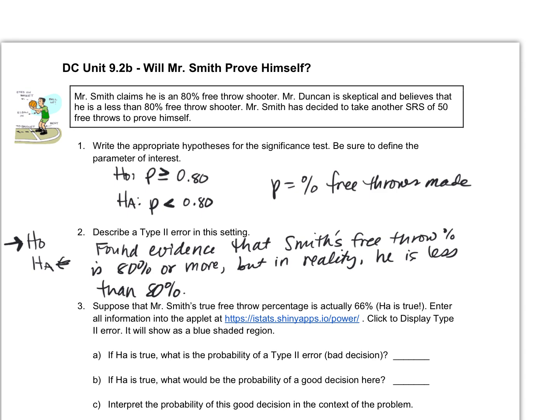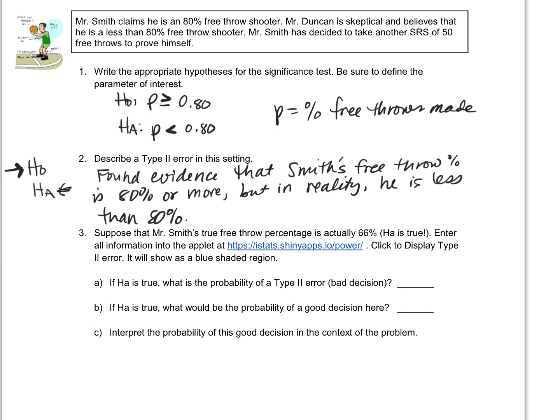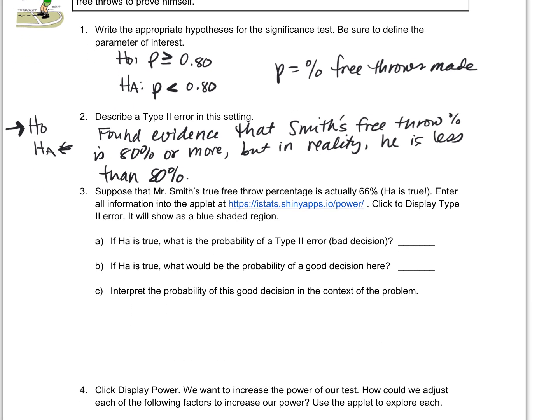Okay, now let's suppose that his true free throw percentage is actually 66%. That would mean the alternative is true, right? So we're going to enter all this information into an applet, and I'm going to show you something. Click to display type 2 error, show blue shaded region. All right, so just hang on for the ride here. Come on, go with me. It's not going to do it, is it? Let's see if I can do it on the screen here.